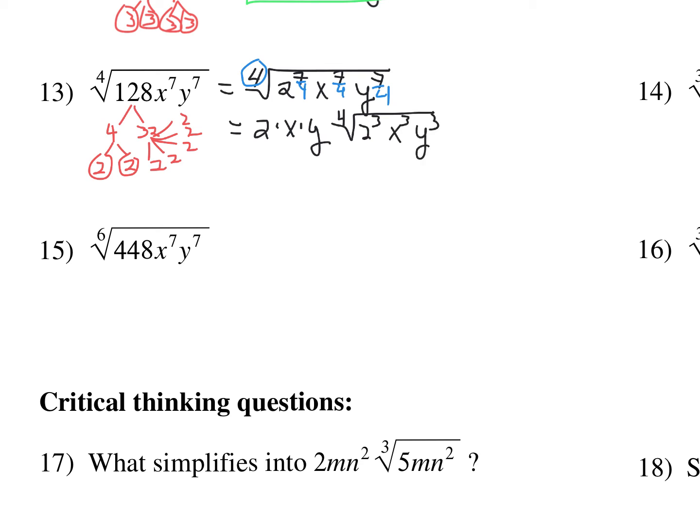We still have to multiply everything together. Out front, 2 times x times y is 2xy. You don't want to leave any of those multiplication symbols out front. And underneath, 2 to the 3rd is 8, x to the 3rd, y to the 3rd. That's a 3, hard to tell. Okay, and so this is your simplified version for number 13.